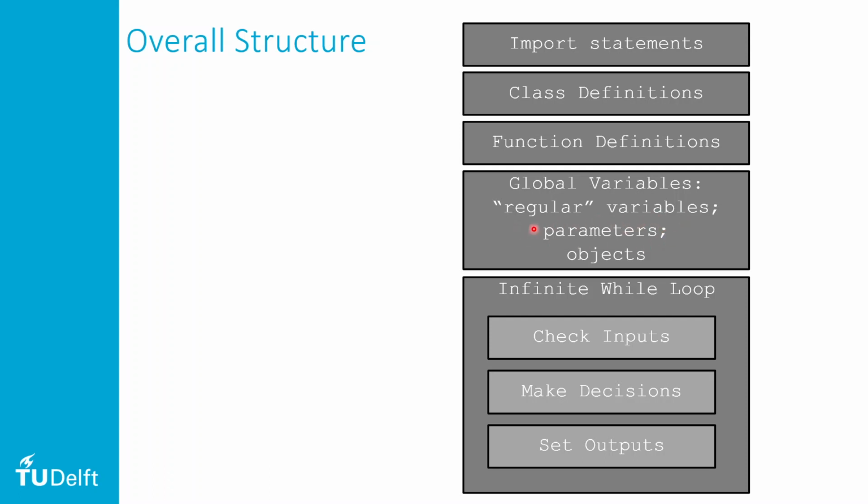But then we're going to use some of them also for parameters. Parameters are things that don't change while the program is running. We choose their values at the beginning, and then they stay fixed as the program runs. So that might be, for example, the P, I and D gains for your PID controller.